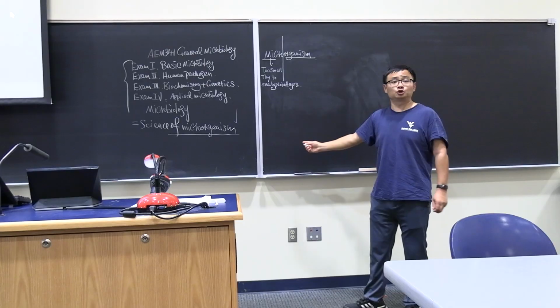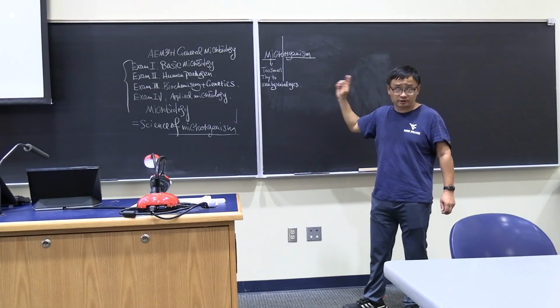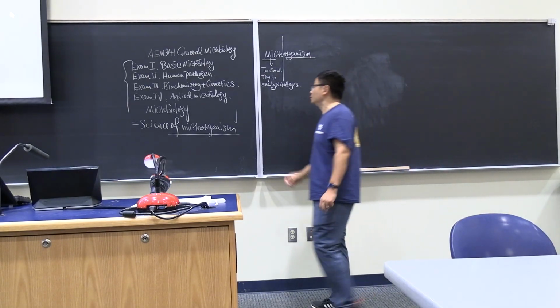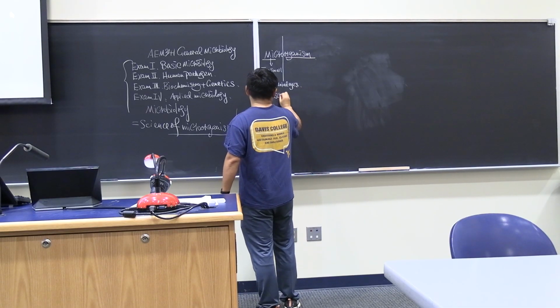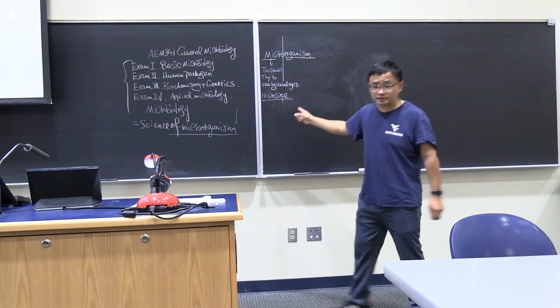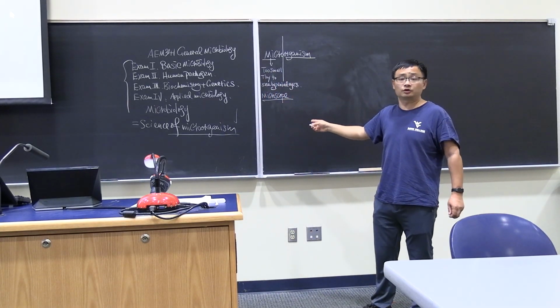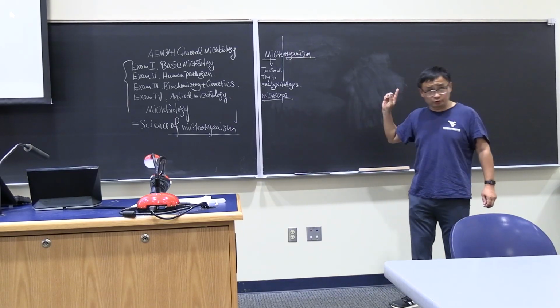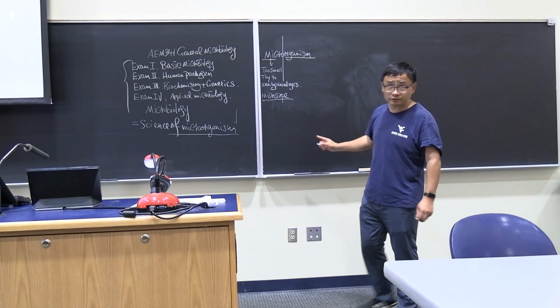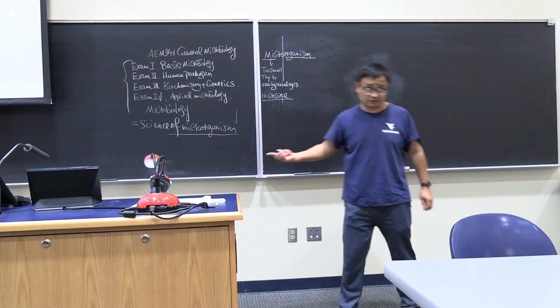Therefore, in order to observe microorganisms, we need a tool. The tool is called a microscope. This is our first lab section next week. We'll talk about how we use a microscope to observe bacteria in embedded slides.